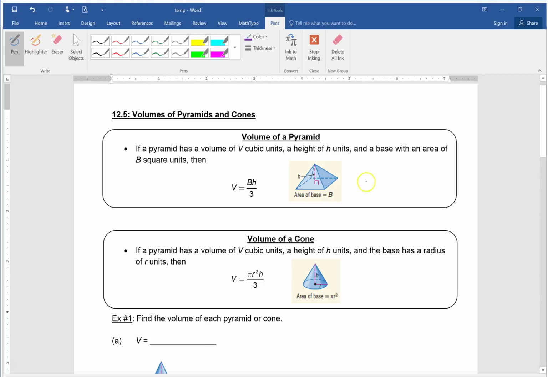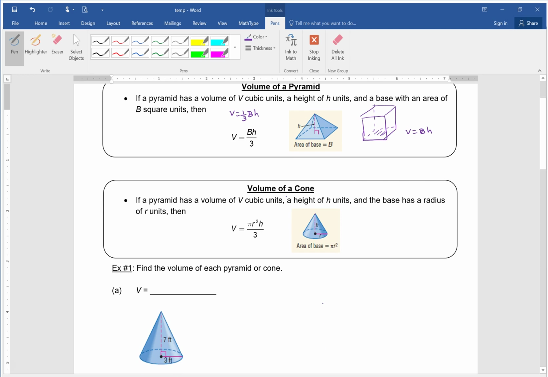So if you have a prism, and it's got the same base and height as the pyramid, if the volume of the prism is base times height, then the volume of the pyramid is 1/3 base times height. Okay?